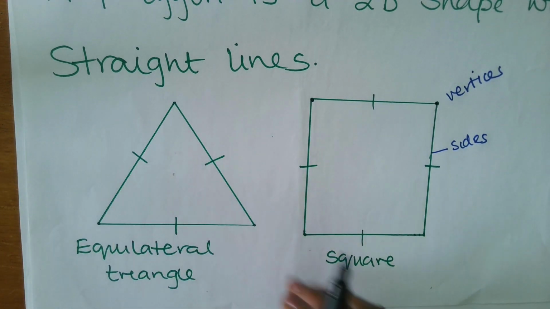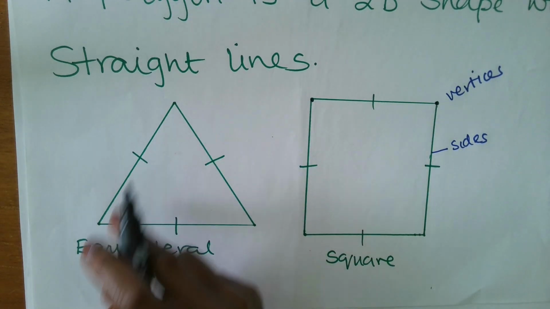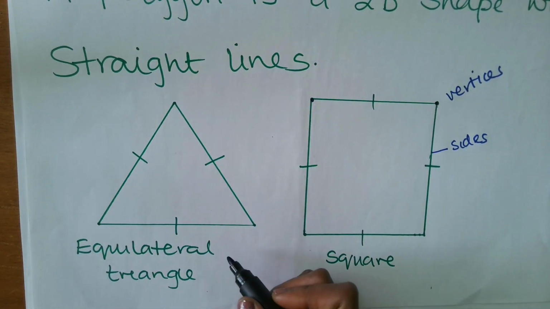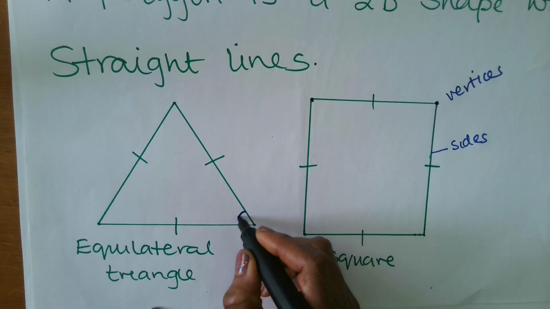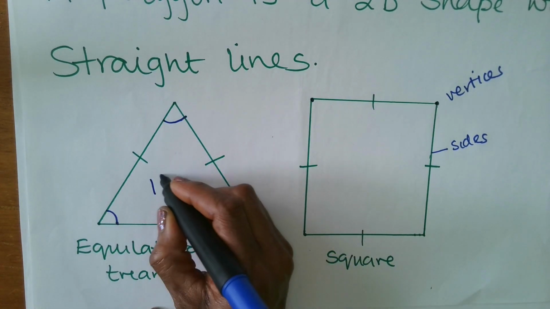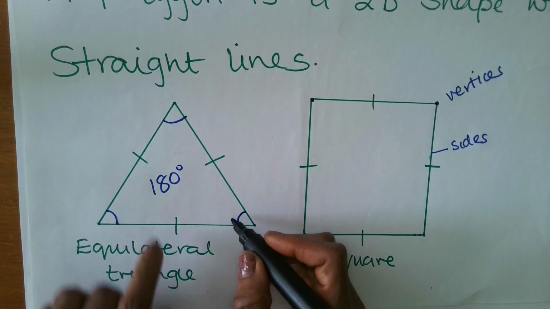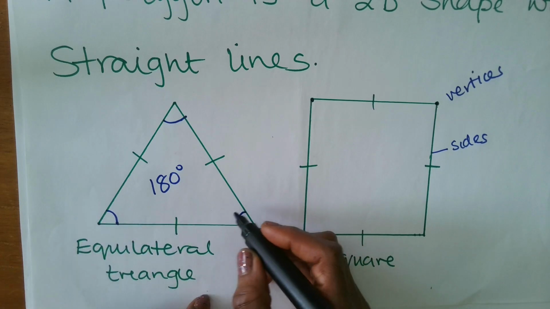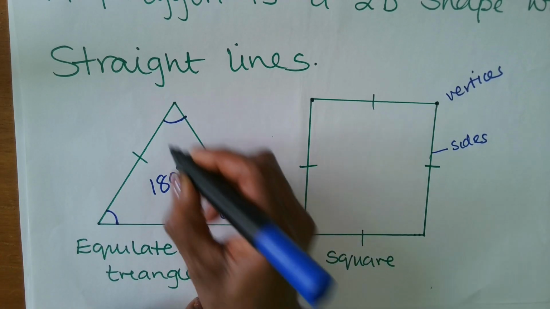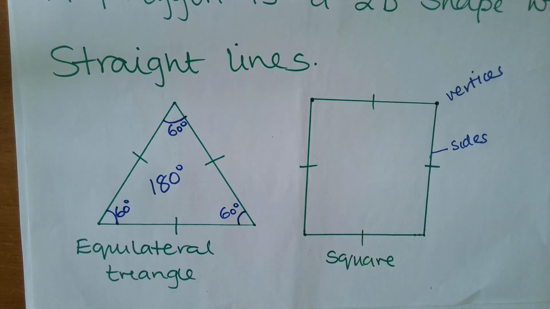In an equilateral triangle, we know that all the sides are equal because we've got these lines, and the angles must add up to 180 degrees, because each of these angles will be 60 degrees, 60 degrees, and then 60 degrees.